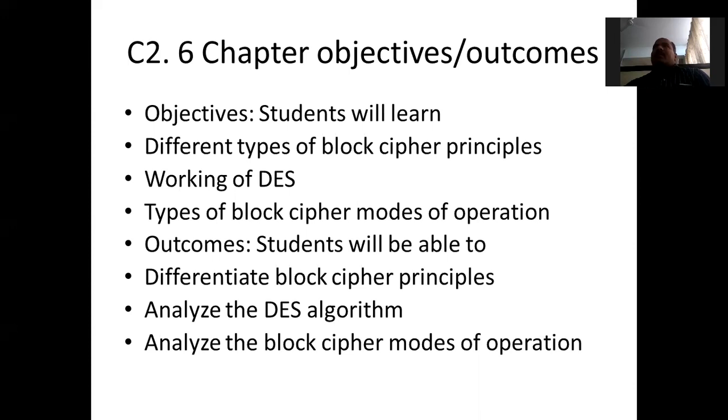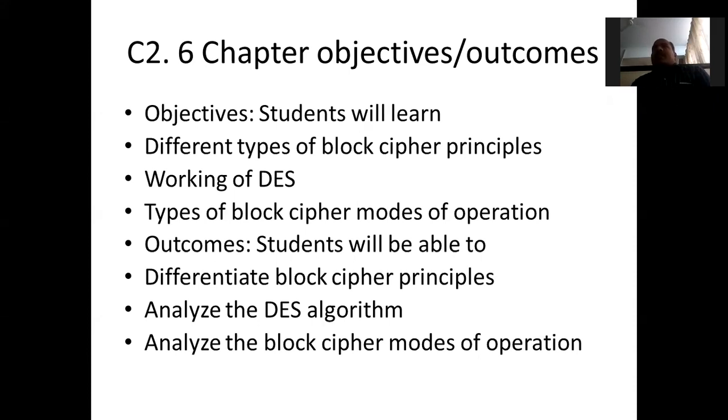And the last point is about the chapter objectives and outcomes here. The objectives are: students will learn different types of block cipher principles, students will learn the working of the data encryption standard, and students will learn the types of block cipher modes of operation.